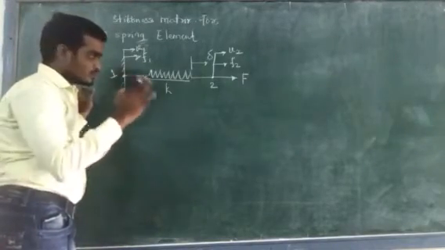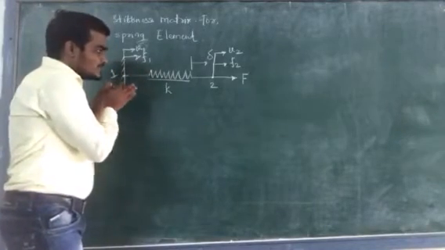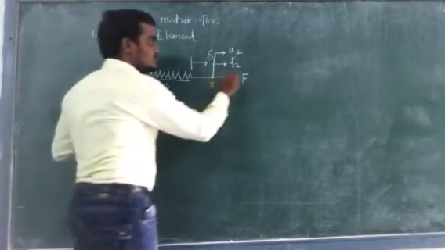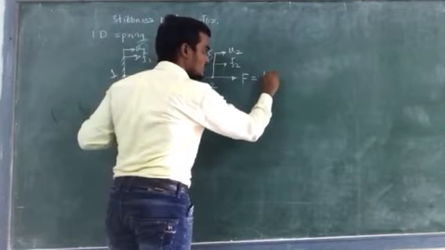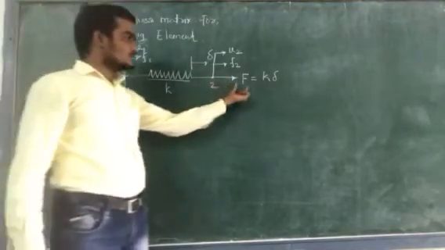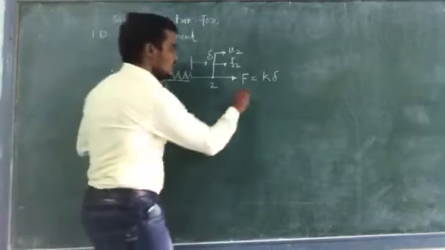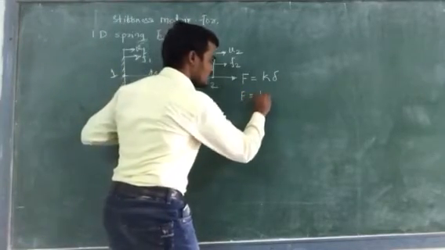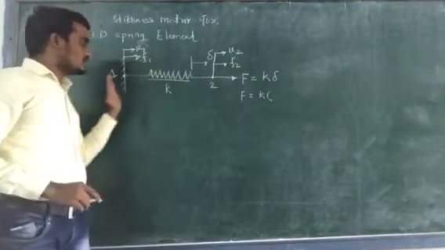Now our basic theory says that force F is equal to K times delta. Force can be written as F is equal to K times delta, where the deflection is nothing but U2 minus U1.